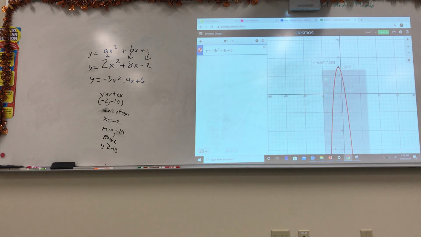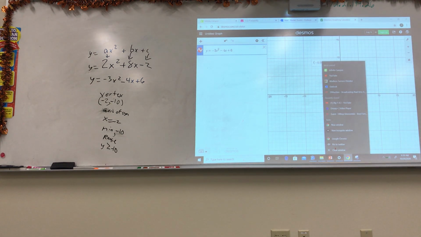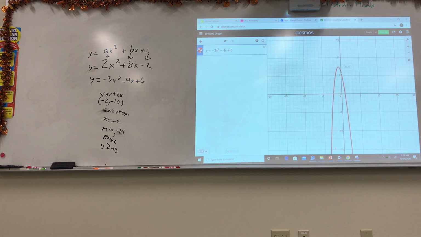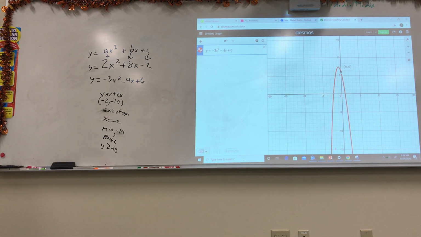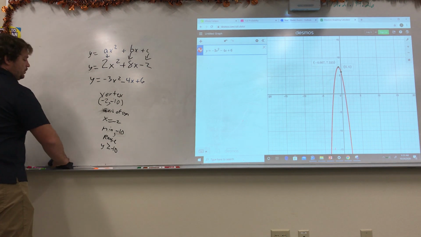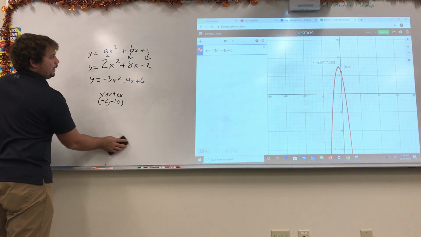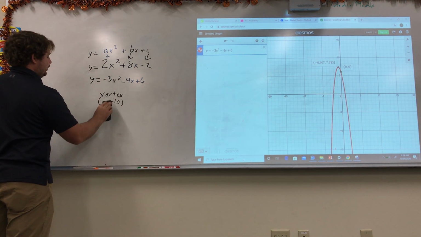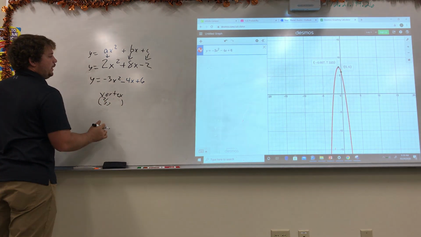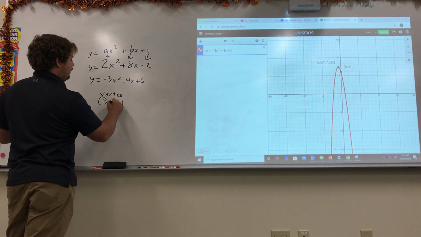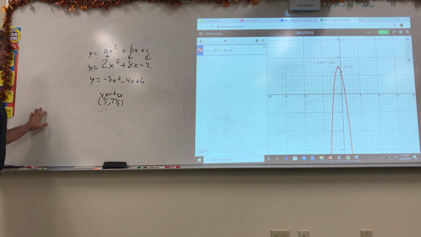Once again, my c is going to be my y-intercept. Now, vertex. We have to identify what our vertex is, which means my vertex is at (2/3, 7 1/3). Those are the points for my vertex.